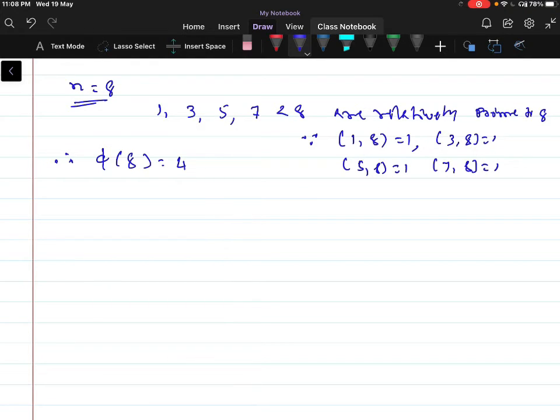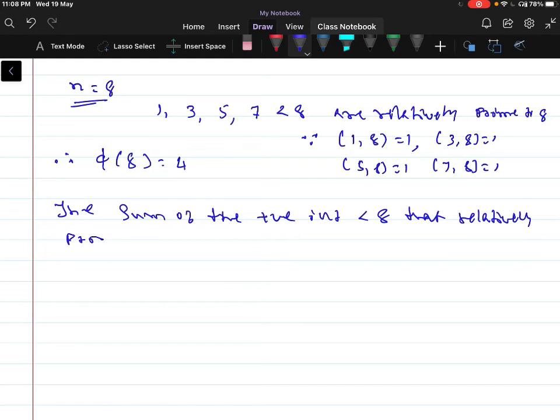And the sum of the positive integers less than 8 that are relatively prime to 8, so that is equal to, there are integers 1, 3, 5, 7 less than 8 and relatively prime with 8.